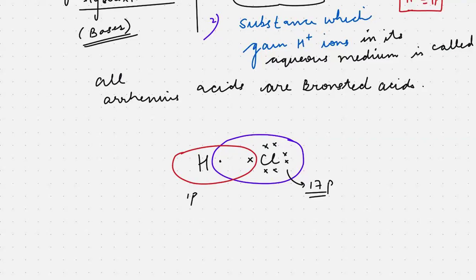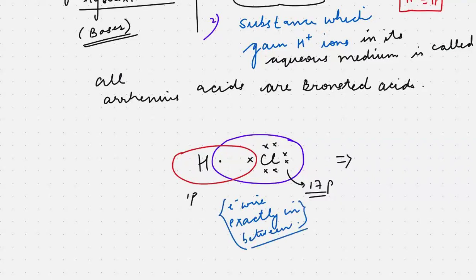So when the bond is formed, these two electrons were initially exactly in between. Yes or no?